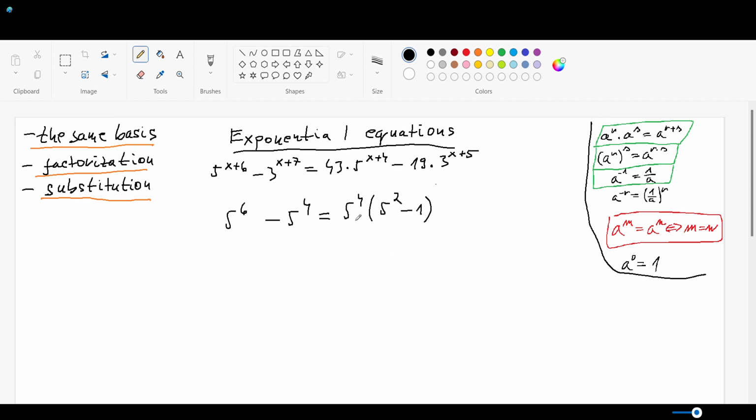I'm pretty sure without a calculator this is much easier than evaluating 5 to the power of 5 times 5 times 5, though some of you can see that this one is 5 to the power of 3 and 5 to the power of 3, but this is not the thing.